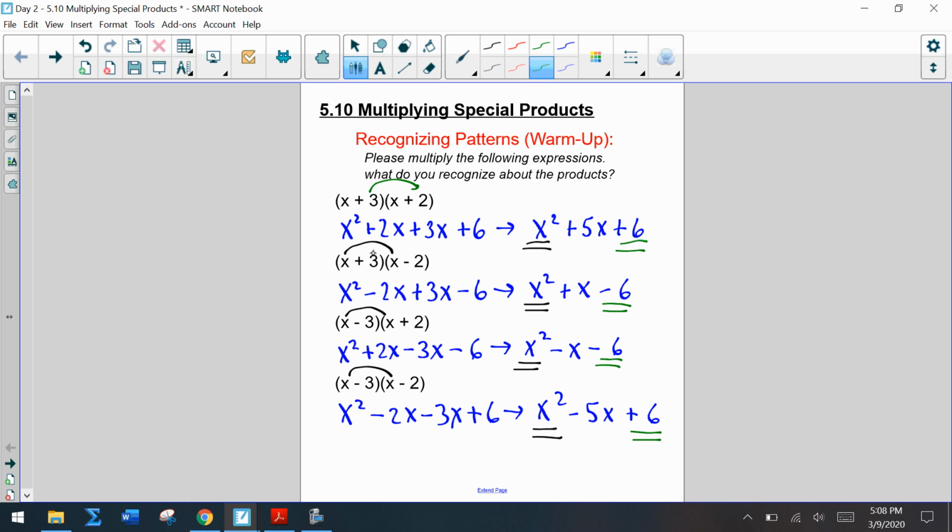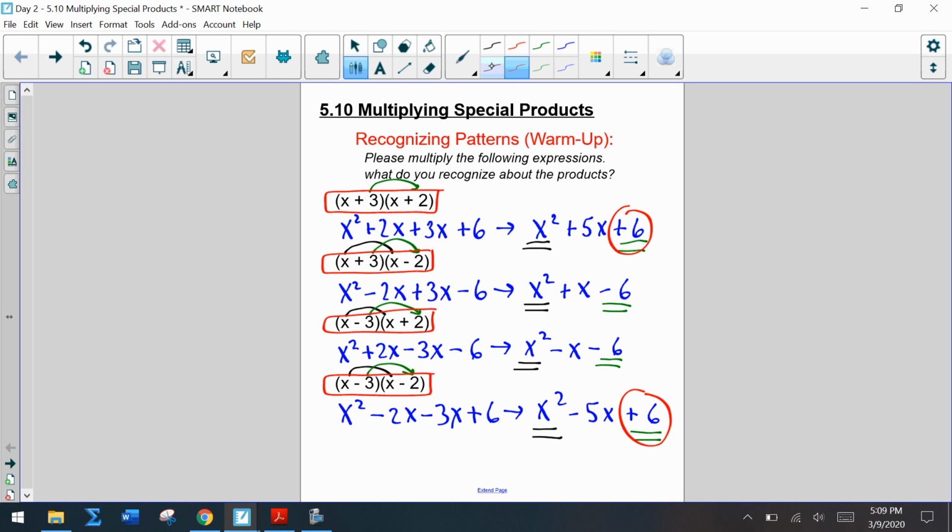In the second one, we have positive 3 and -2, -3 and positive 2, and then -3 and -2. So notice how the signs are the same in these factors. So the signs, the plus and the plus. Just going to circle these guys for a minute. So when the signs are the same, when they're both minus and both plus, notice how this last term is positive.